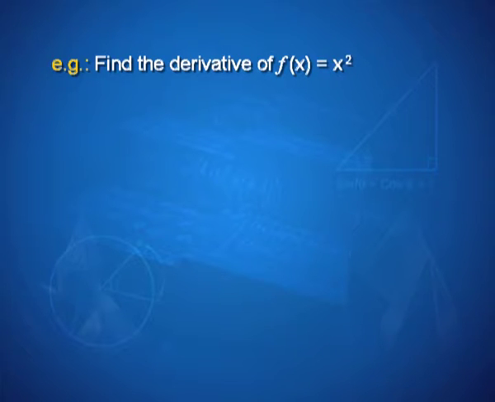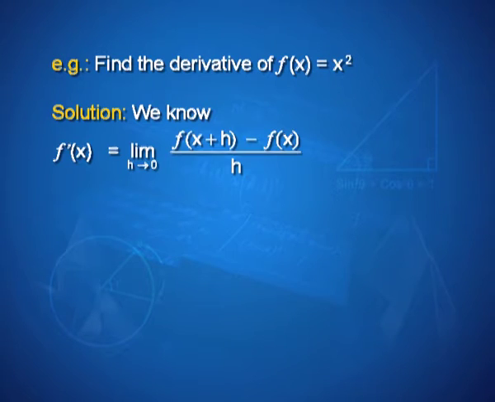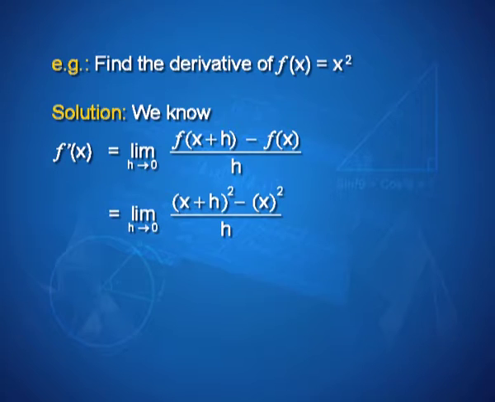Another example here, find the derivative of f of x is equal to x square. For the solution, we know f dash x is equal to limit f of x plus h minus f of x divided by h as h tends to 0, is equal to limit x plus h whole square minus x square upon h as h tends to 0.